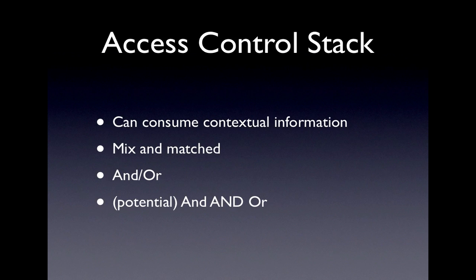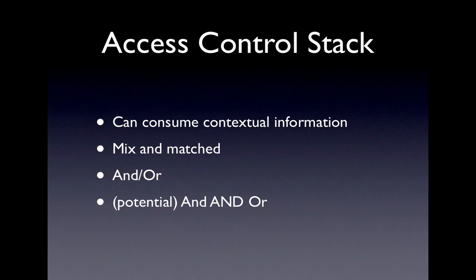Access control. It can consume contextual information. Great example of this could be like node access. Are we going to consume that node and spit out access control for it? Or, maybe variables. If you build your own access plugin, you could actually check a variable to see whether it's been set to true or false, right?